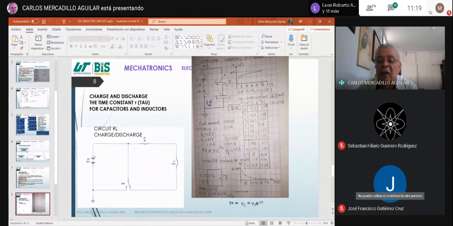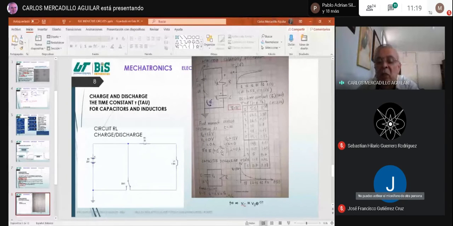We can also put minus t divided by tau, because RC is tau. Tau equals RC for a capacitor, so we multiply the value of R and the value of C, and we obtain the time constant.